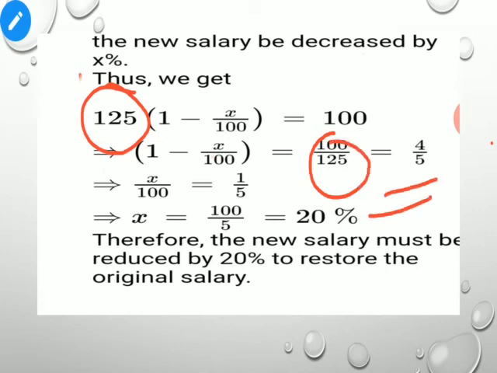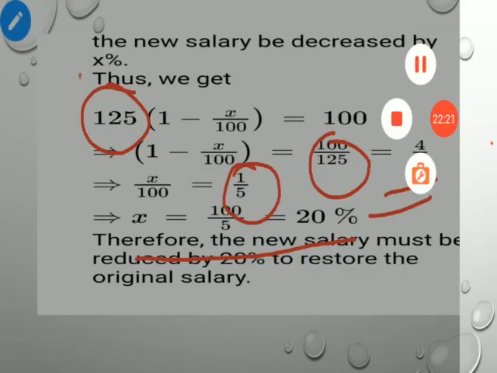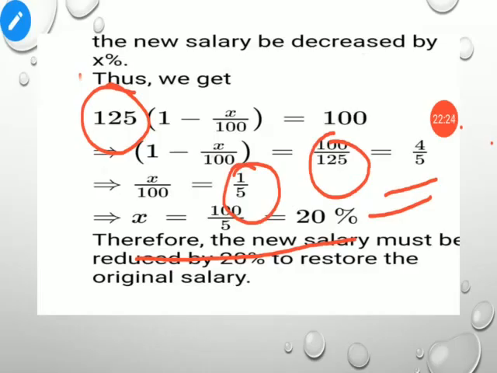Now solve this. 125 will come here. So 100 upon 125, in simplest form, will be 4 upon 5. So X upon 100 will be equal to 1 minus 4 upon 5. When you solve, you will get 1 upon 5 here. So just solve it and you will get 20%. Therefore, the new salary must be reduced by 20% to restore the original salary.